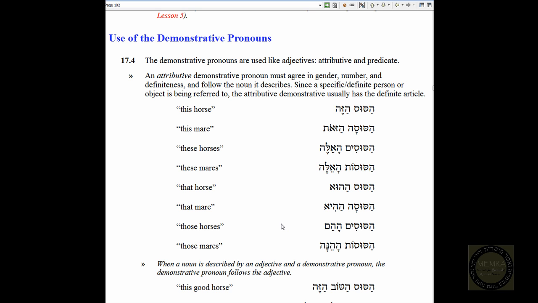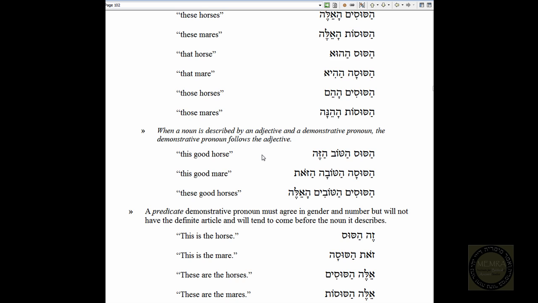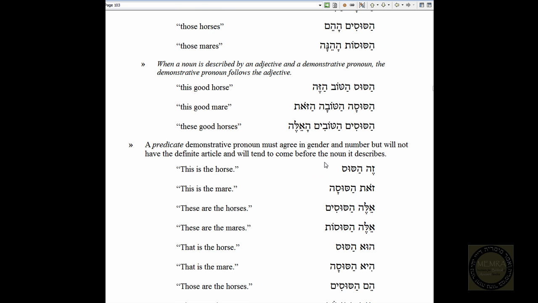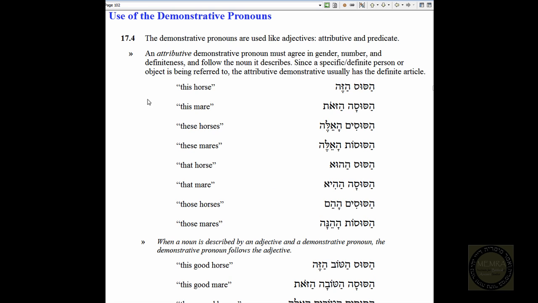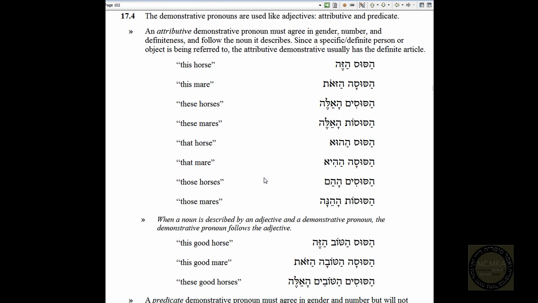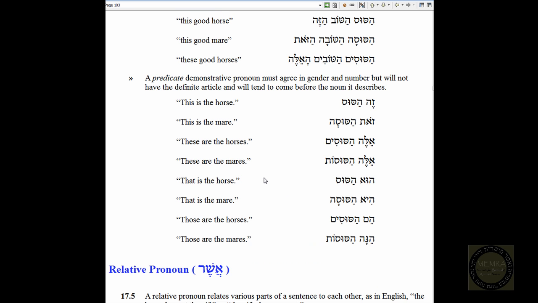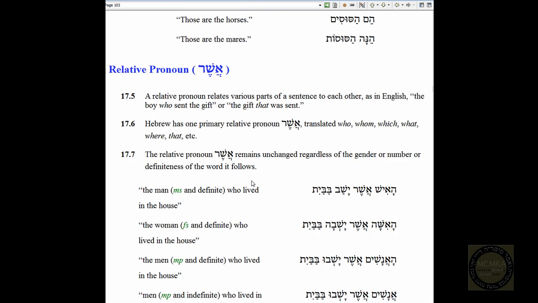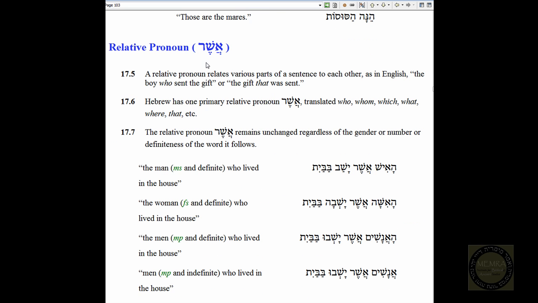The attributive, remember, must agree in gender, number, and definiteness with the noun that it goes with, and of course the predicate will not have the definite article, won't have that element of definiteness. So read through carefully 17.4. It'll be mostly review that you already know with adjectives, but just so that you know that demonstrative pronouns work like adjectives.